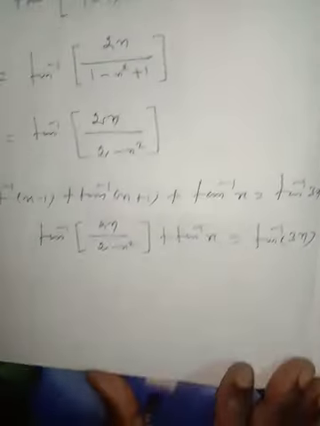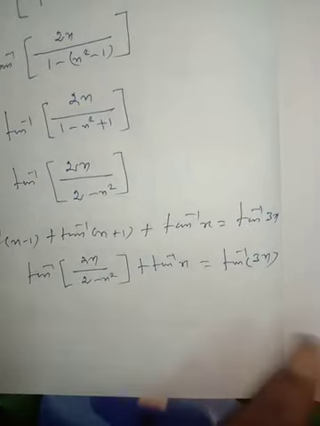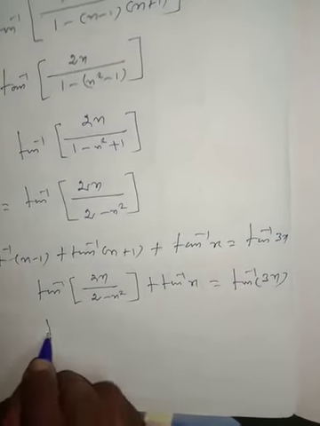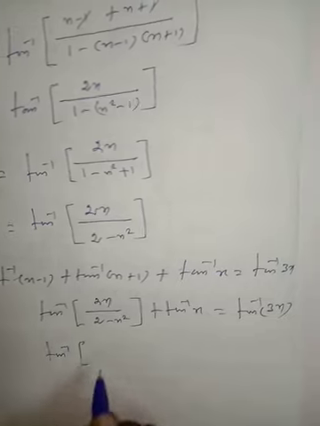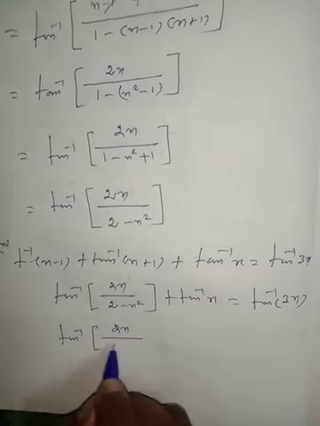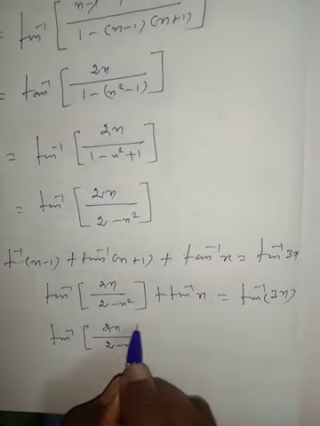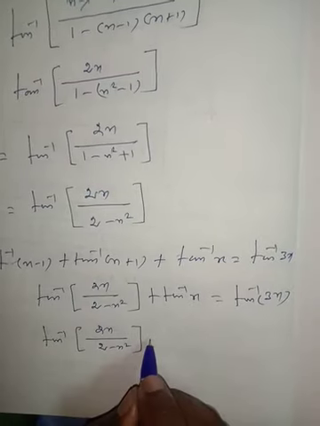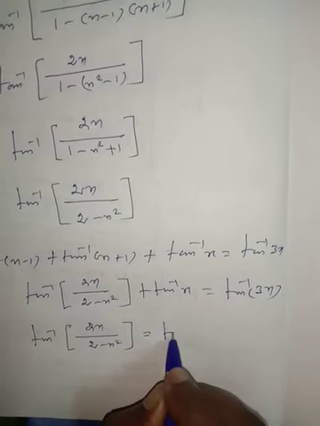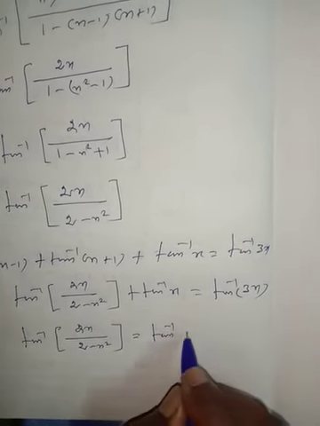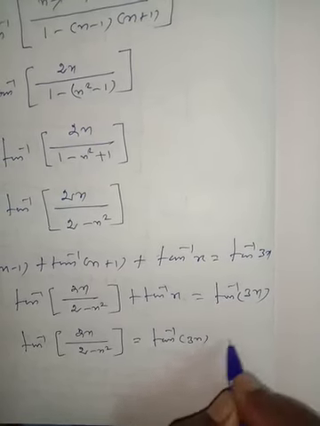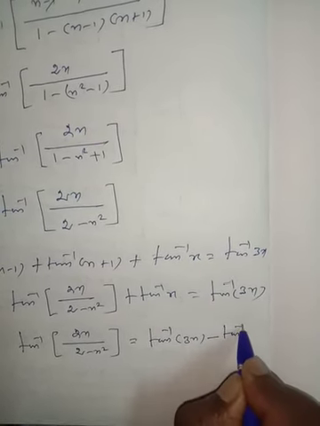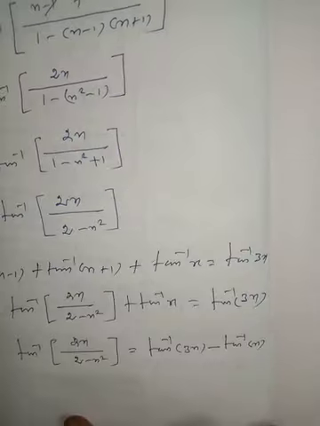Now this tan inverse of x goes to right hand side, we get tan inverse of 2x divided by 2 minus x square is equal to tan inverse of 3x minus tan inverse of x.